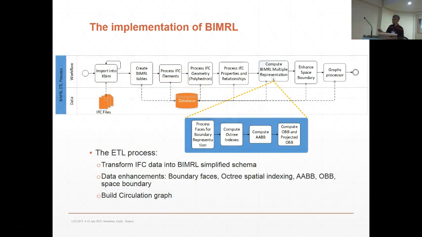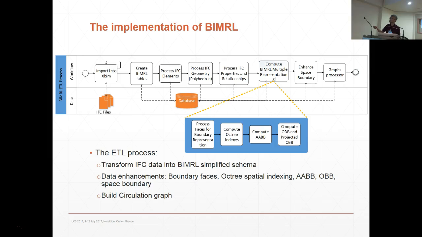This is the process that happens. We take the IFC files and use XBIM to read them, then create the set of tables, the 20 tables I mentioned, process the IFC elements, get the geometry, the polyhedron, and then process the properties and relationships.